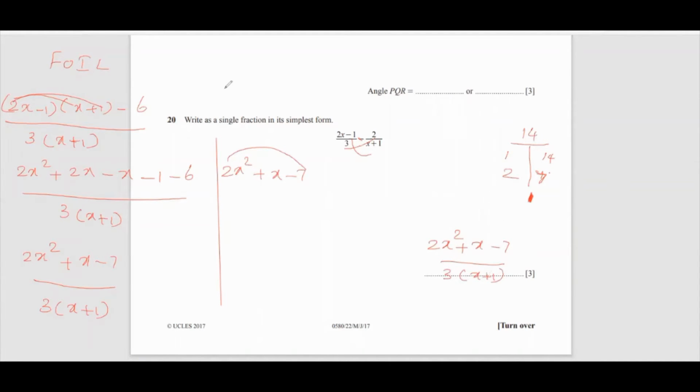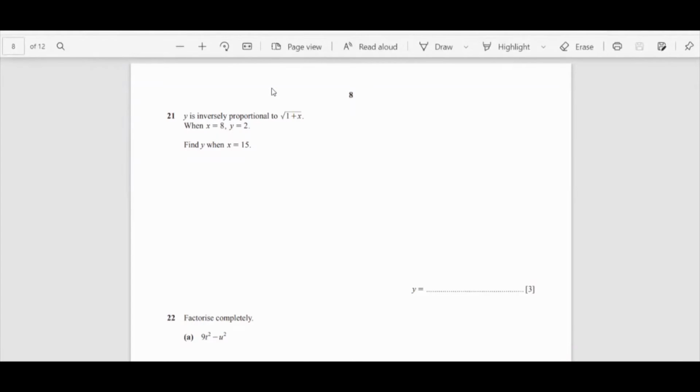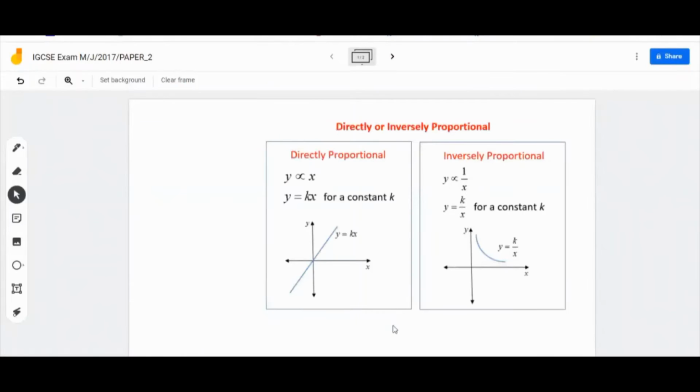Let's move on to the next problem. Question 21: y is inversely proportional to the square root of 1 plus x. You need to know the basics first of all.